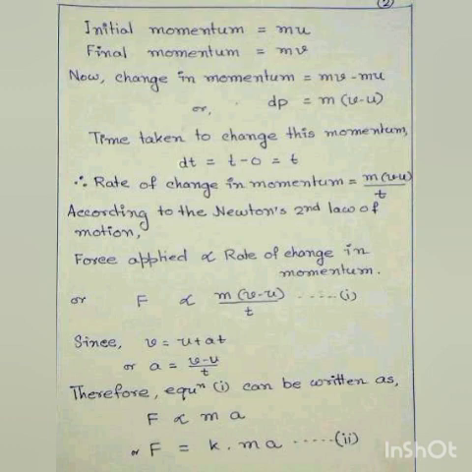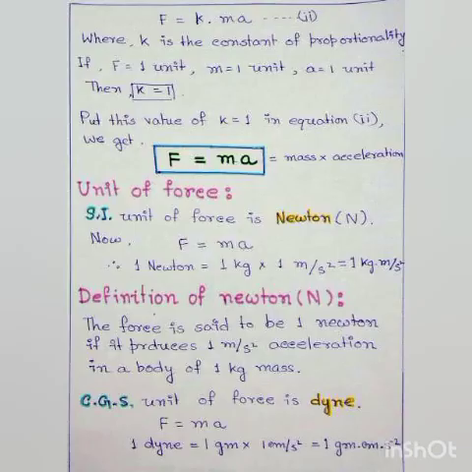Now if you want to remove the proportionality sign, if you want to give an equal sign, then you have to introduce a constant term. So F is equal to K into ma. Now what is K here?